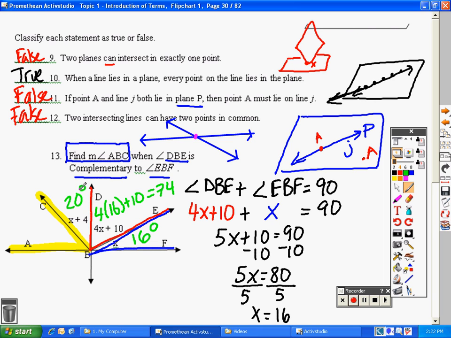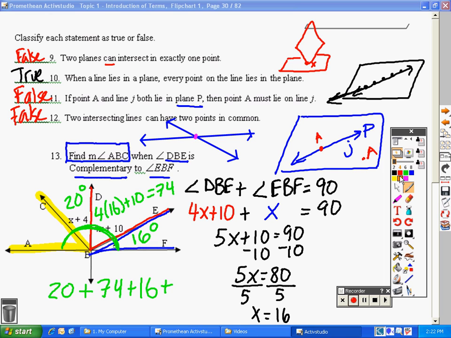All right, we know also that all of these angles make a line, and so all of them will add up to make 180 degrees. So I'm going to write that down, that 20 plus 74 plus 16 plus something else. I'm going to give that another variable. I'm going to call it y, equals 180 degrees.